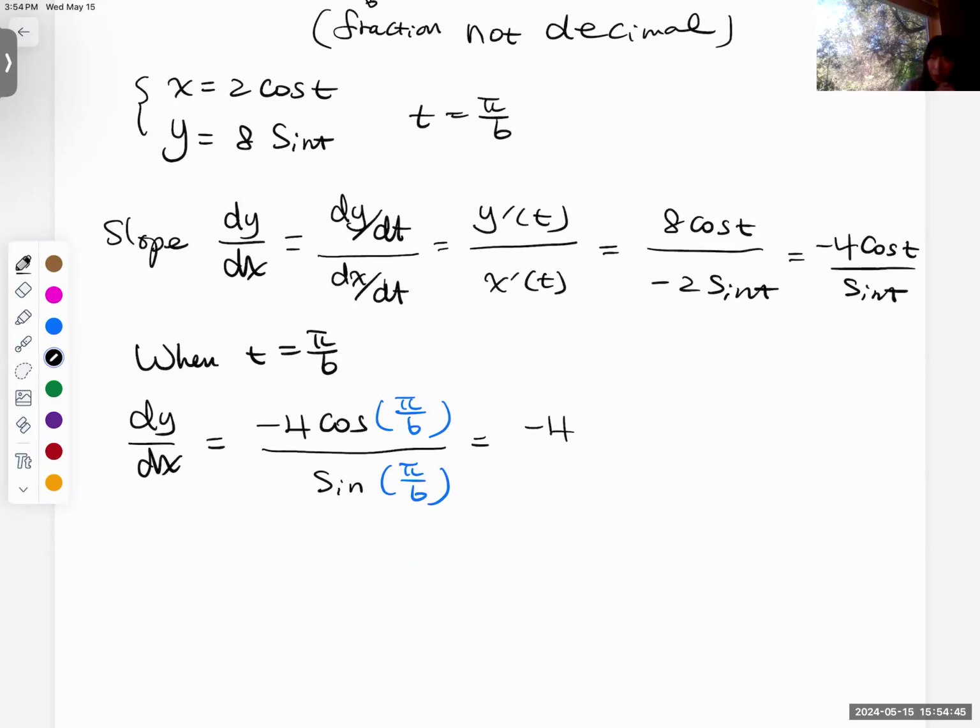I think we did that earlier, right? So square root of 3 over 2 over sine pi over 6, which is 1/2. So negative 4 square root of 3 over 2, which is negative 2.